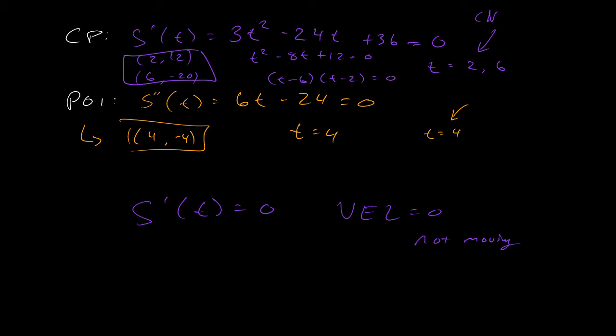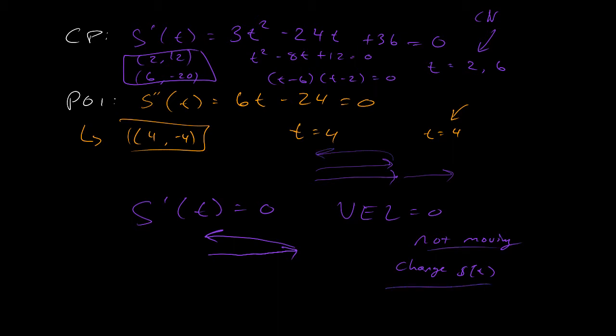That means we have a change in our position, because if we're going this way and then we decide to not move and then we go this way, that's going to be a change in position. Think of it like you're in a car, you come to a stoplight, and then you either keep going that way, or you go back the other way. So it could be a change in direction, or when it's not moving.